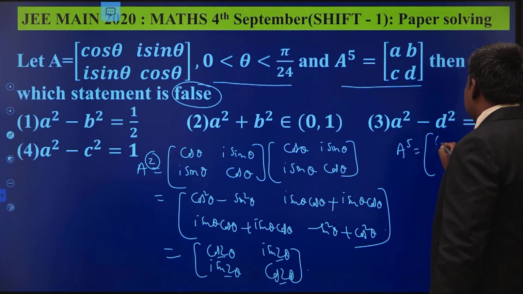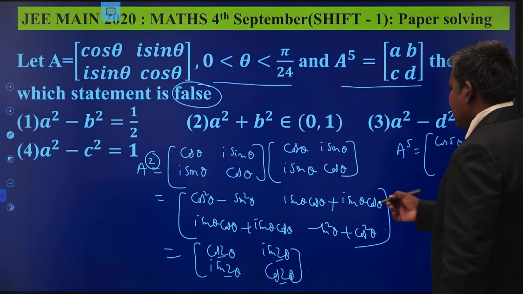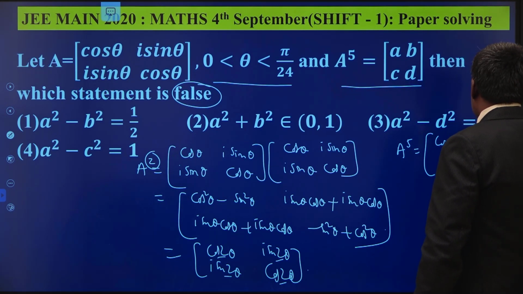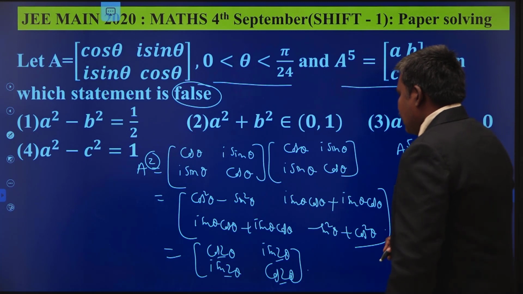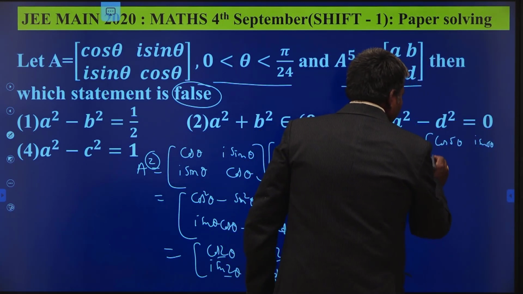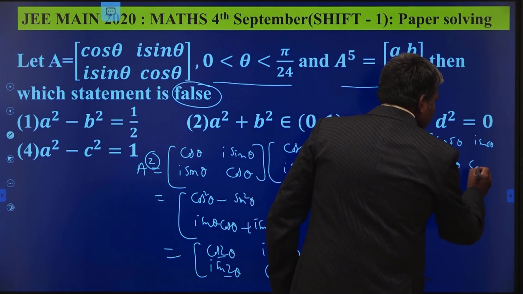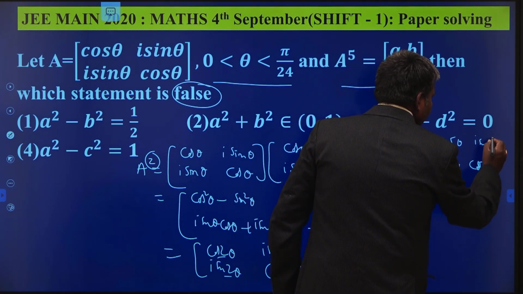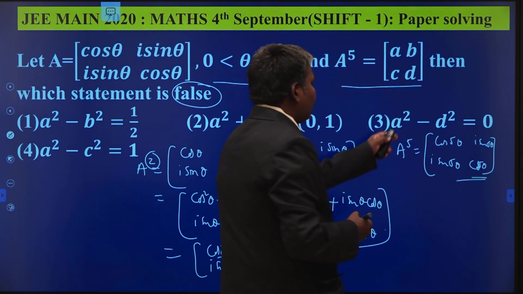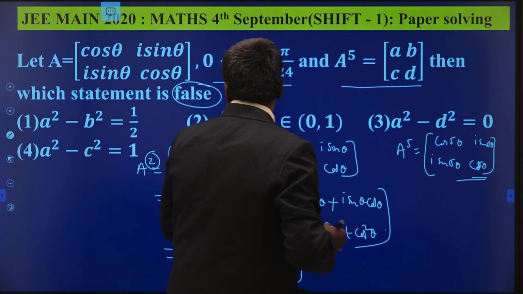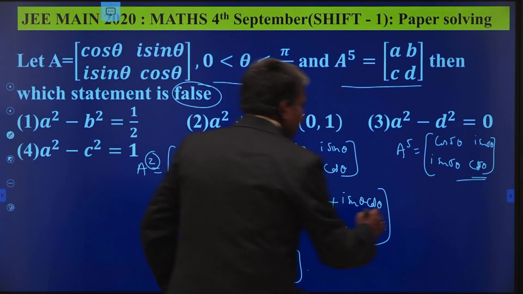A power 5 becomes cos 5 theta, i sin 5 theta, i sin 5 theta and cos 5 theta. So a power 5 will be obtained in this manner. So this is equivalent to a, b, c, d.